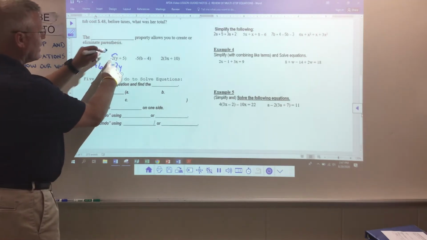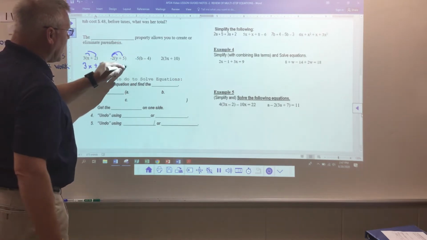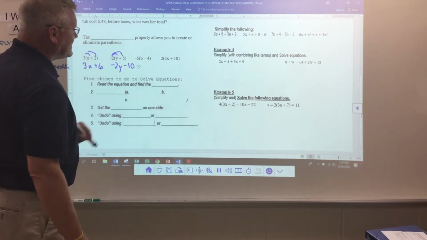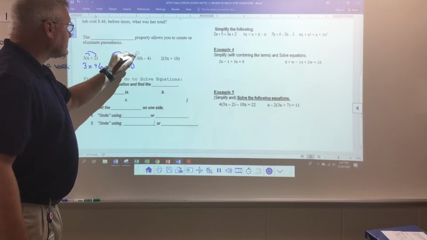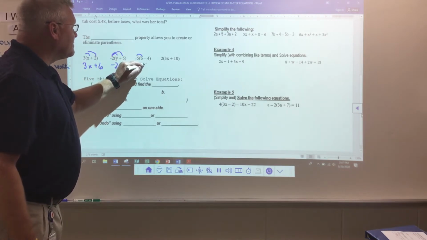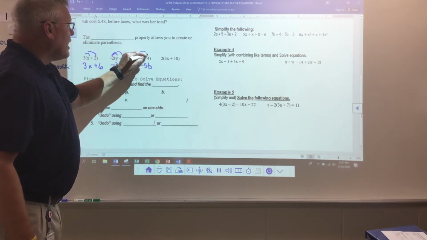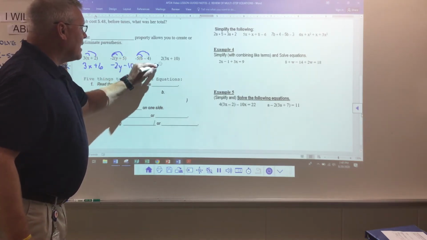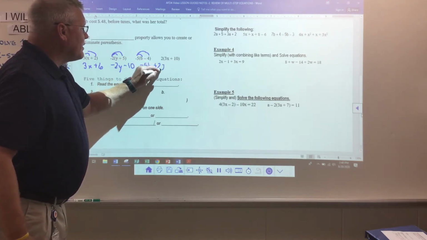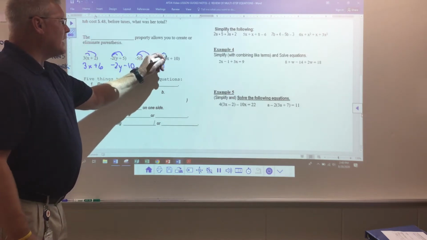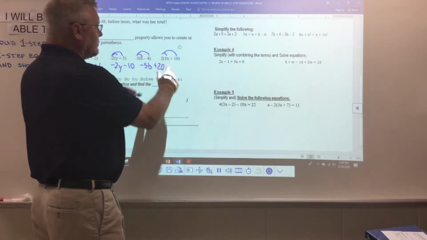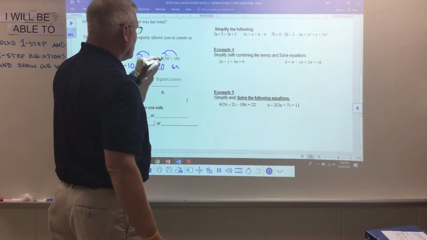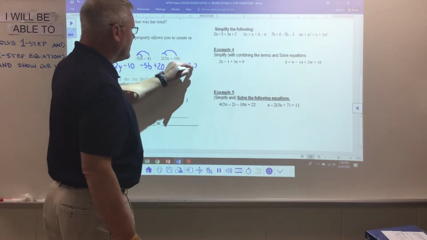Be careful here. Negative 2 times that positive 5 is negative 10. Agree? Negative 5 times b is negative 5b. Negative 5 times negative 4, a negative times a negative, is going to be a positive 20. And last but not least, 2 times 3x is 6x. 2 times 10 is 20.